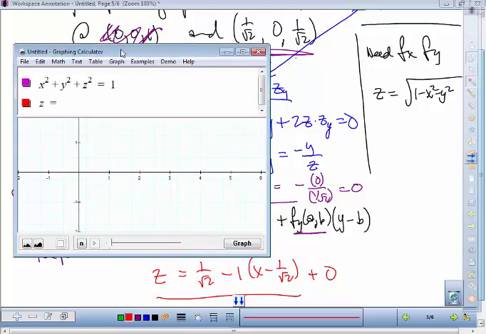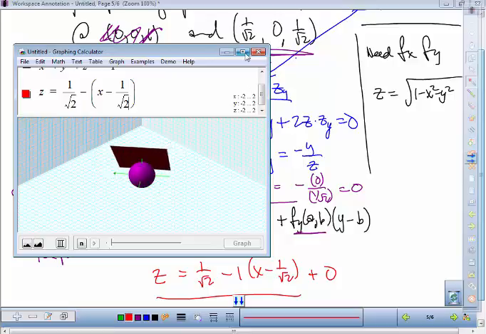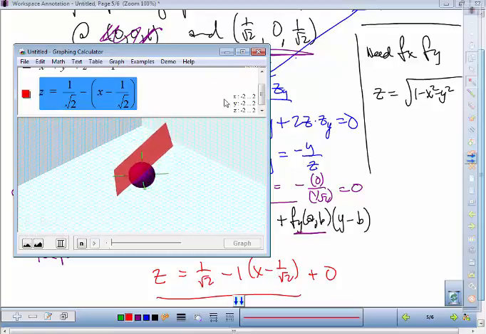So the plane is z is equal to 1 over square root of 2 minus 1 times x minus 1 over square root of 2. That looks pretty tangent. Okay?